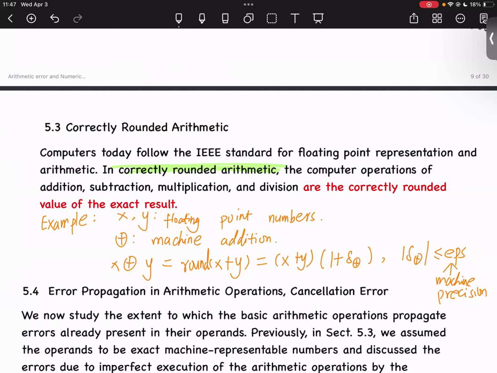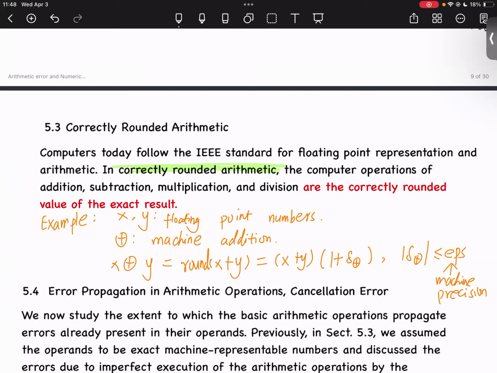First, it does the summation X plus Y and gets the exact solution. And the machine only has limited bits to store the numbers, so it is going to do some rounding off here.